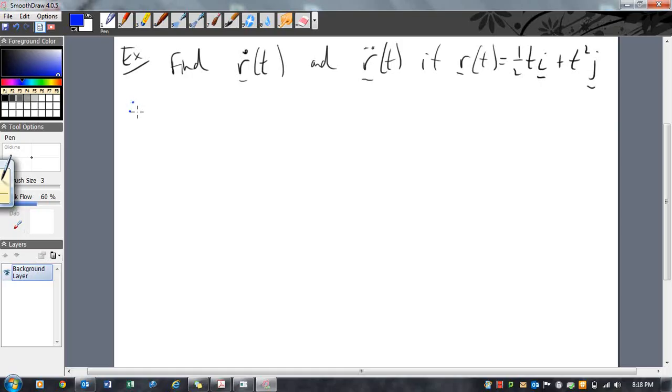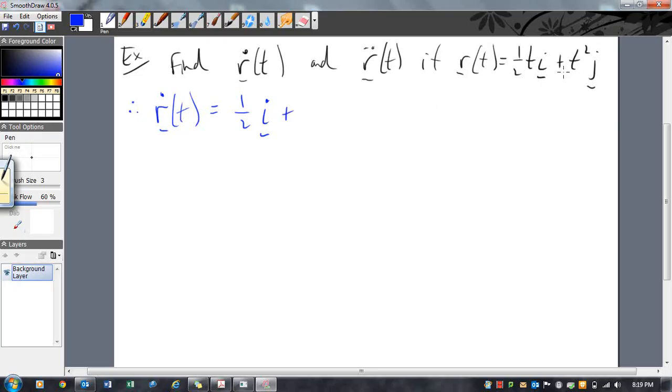So how do we take the derivative of a vector? All we need to do is take the derivative of each of the parts. So the first derivative is equal to, we take the derivative of the first part. The derivative of half t with respect to t is just half. We're just taking the derivative of each of the components.